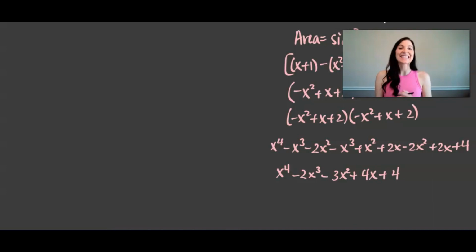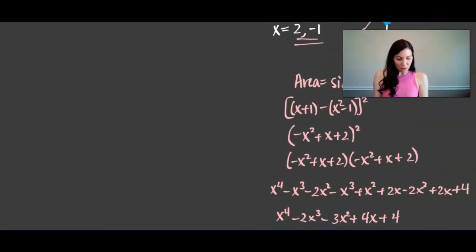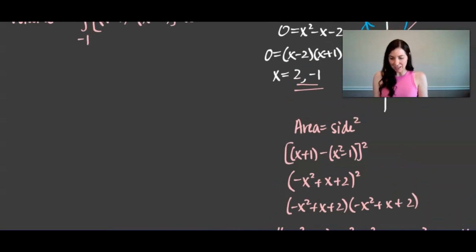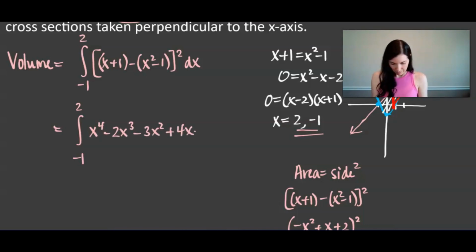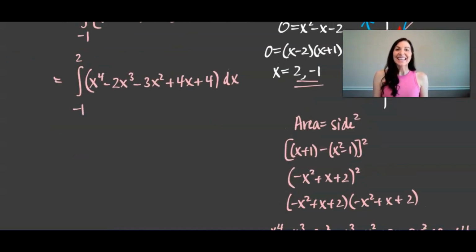And there is the simplified polynomial once I multiply everything out. And I'm going to use this right here to put back into my integral, which is up here. There we have it. Now it's time to integrate. The best part, find the antiderivative of this polynomial.